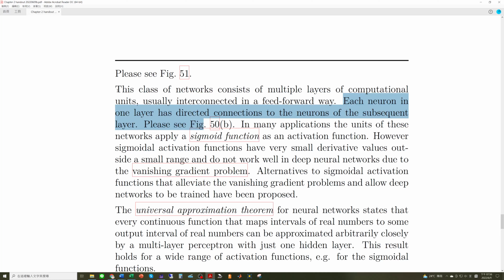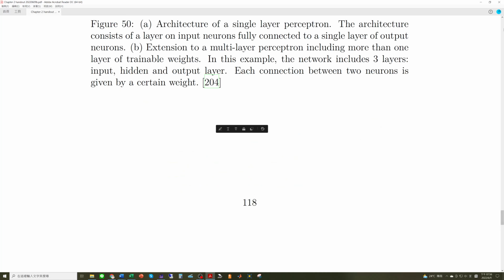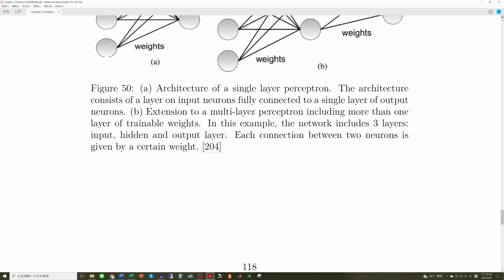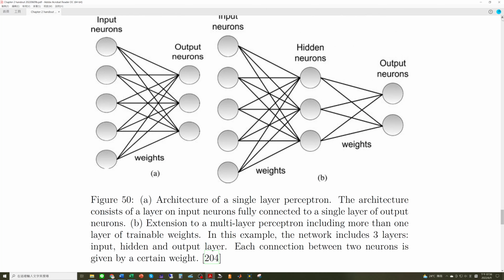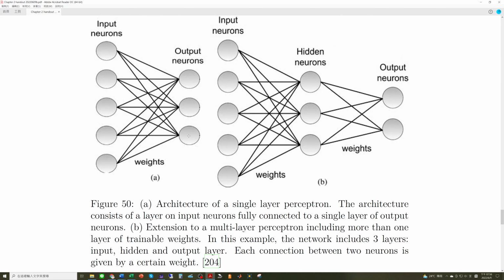Please see figure 50b. This is figure 50, this is B. We can see that there are 1, 2, 3, 4, 5 input neurons, and 1, 2, 3 hidden neurons, and 1, 2 output neurons.